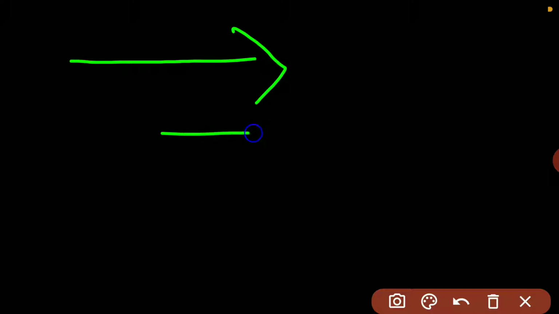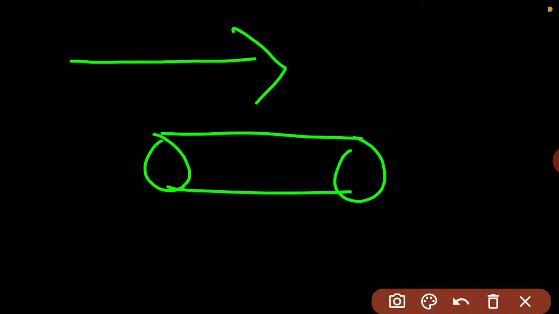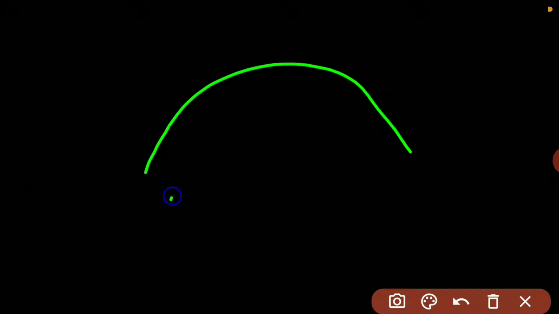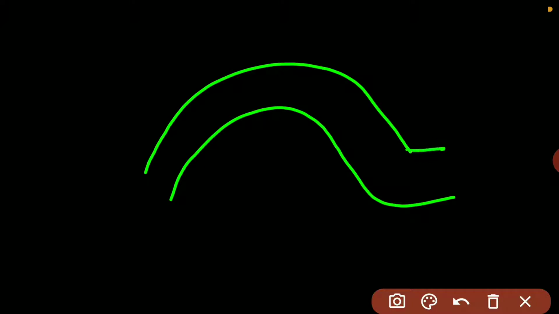Suppose you take a pipe and you light a candle here. The candle will give light, and you are able to see the light from this end. Suppose this is your eye, you are able to see the light. But suppose you bend the pipe in this way, and then you light the candle here.